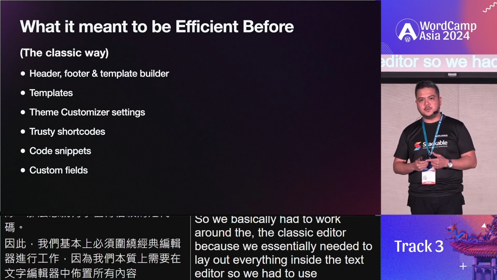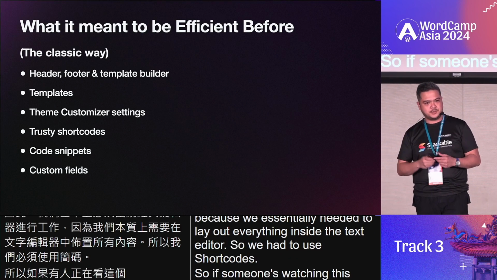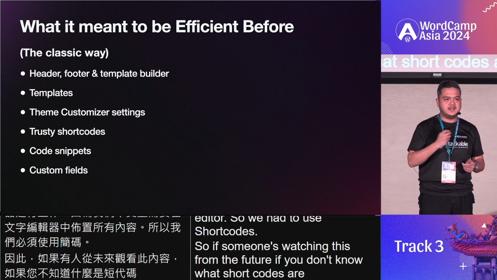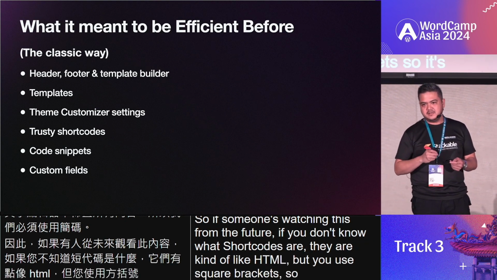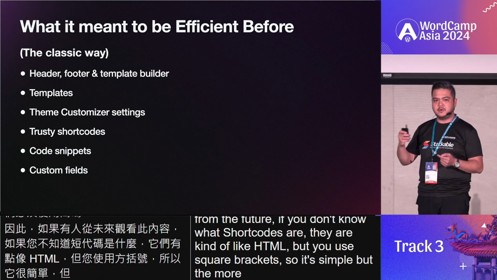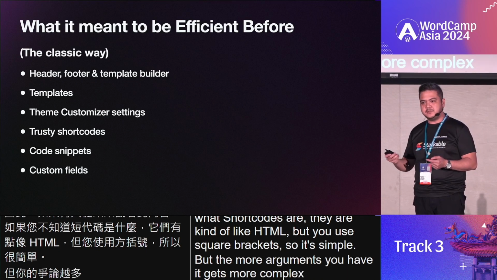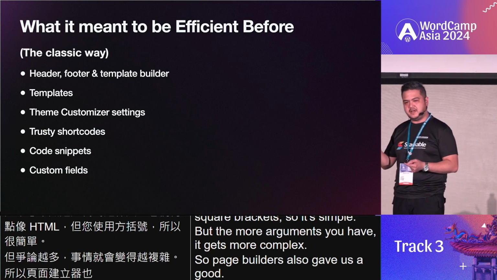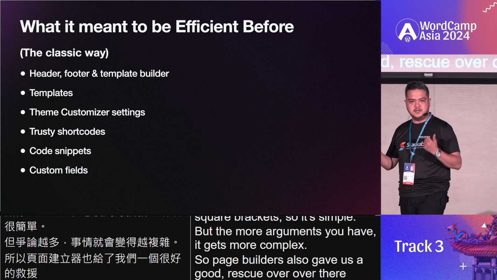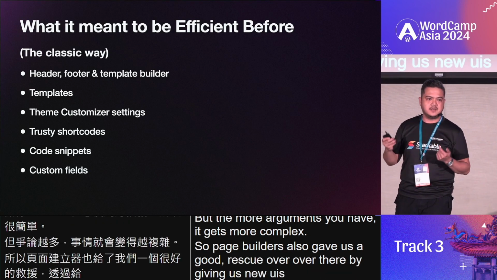If someone's watching this from the future and you don't know what shortcodes are, they are kind of like HTML, but you use square brackets. It's simple, but the more arguments you have, the more complex it gets. So page builders also gave us a good rescue there by giving us new UIs so we can create them easily.